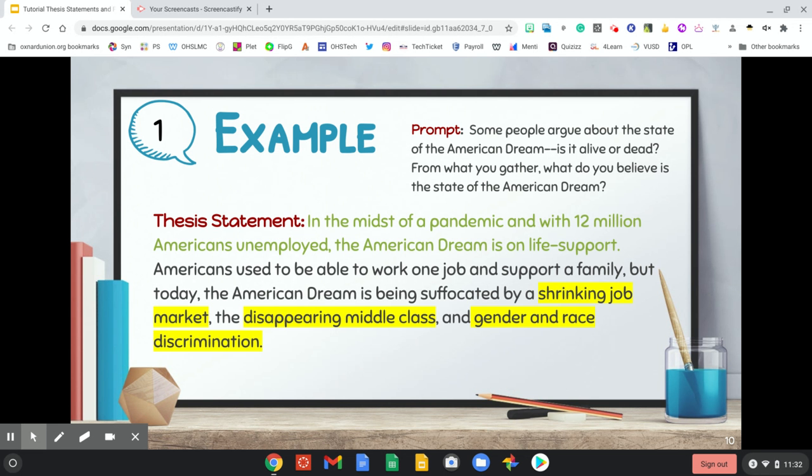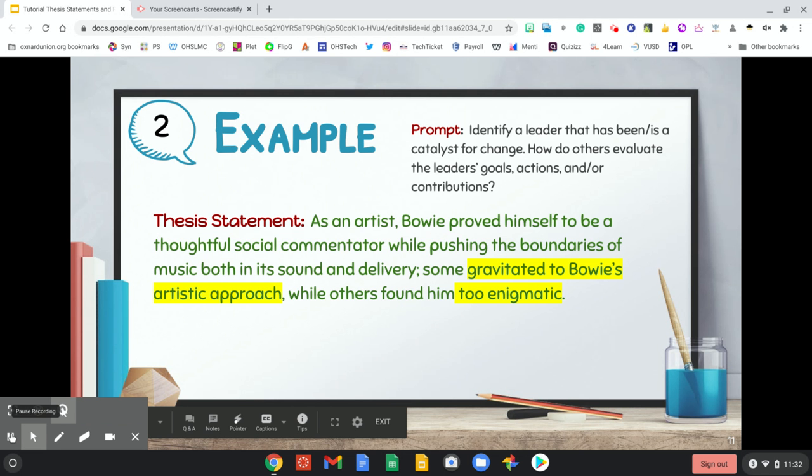In total, just looking at this very, very short introduction, this will be a 5-paragraph essay with 1 intro, 3 body paragraphs addressing shrinking job market, disappearing middle class, and gender and race discrimination, and 1 conclusion.